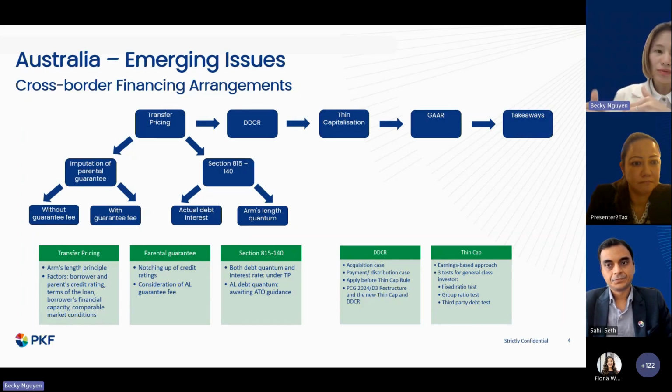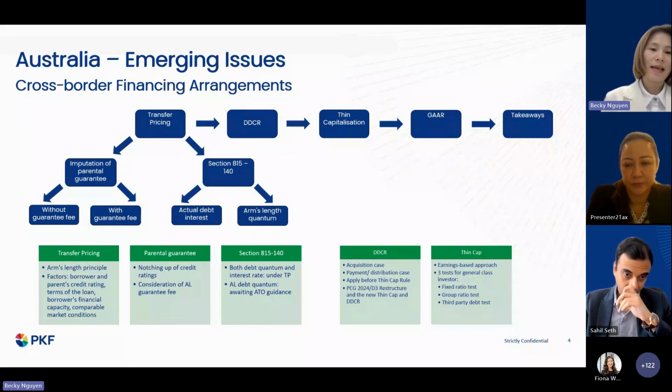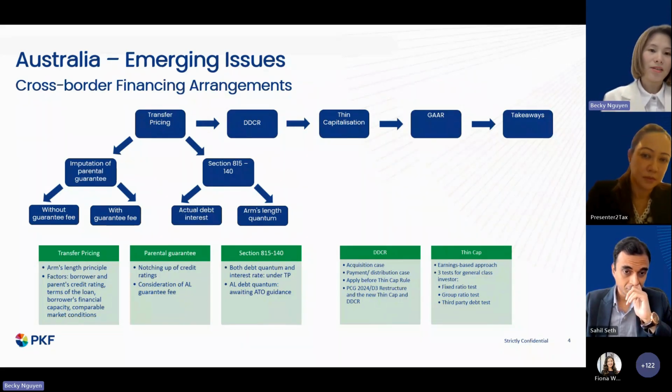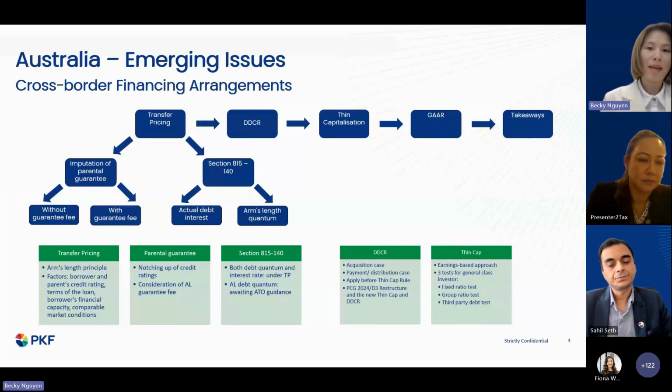But with the new rules, on top of the interest rate, taxpayers are required to prepare a separate transfer pricing analysis to look into the quantum of the debt, because it needs to answer the question of how much debt is allowed for Australian tax purposes. They change the landscape fundamentally. So from now on, both interest rate and quantum of the debt need to meet the arm's length principle.